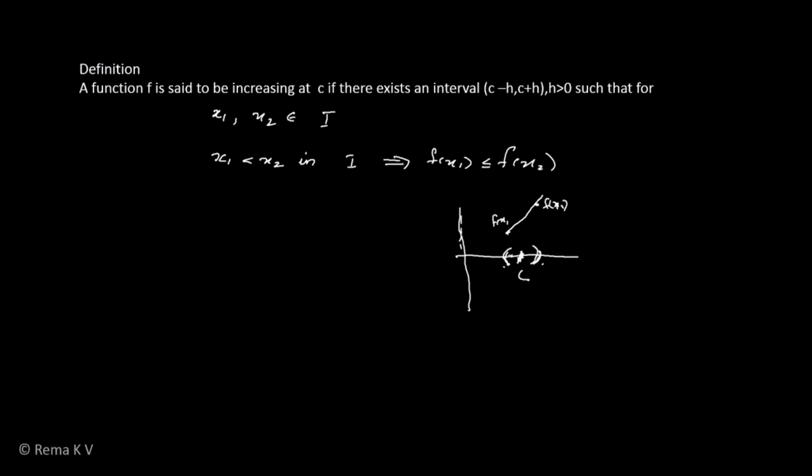That is, for any x1, x2 belonging to this interval, if f of x1 is less than or equal to f of x2 as we move from left to right, or the graph is going upwards like this, then we can say that the function is increasing at the point C. And similar is the case for the other three cases given in the first definition.